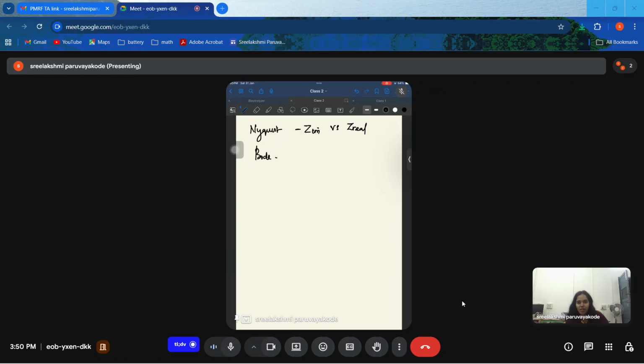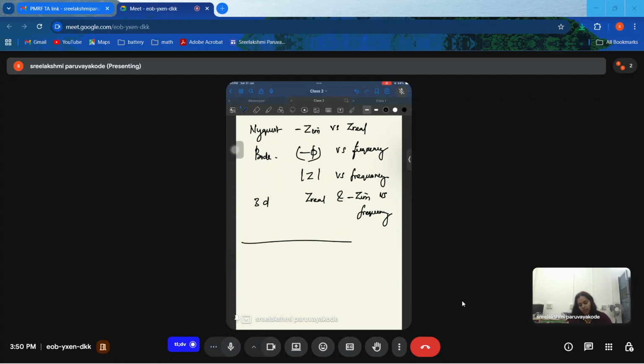The shape depends upon which elements are present, capacitor, etc. In the Bode plot, we plot minus phase versus frequency and magnitude of the impedance versus frequency. We also have a 3D plot where we plot Z real and minus Z imaginary versus frequency. So these are the different plots used in impedance for data visualization.